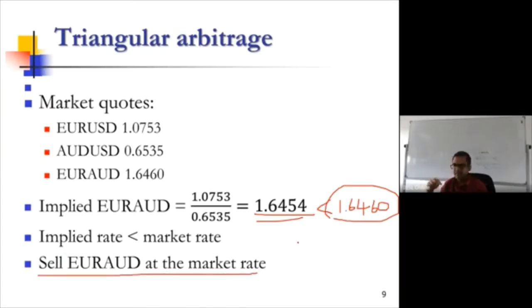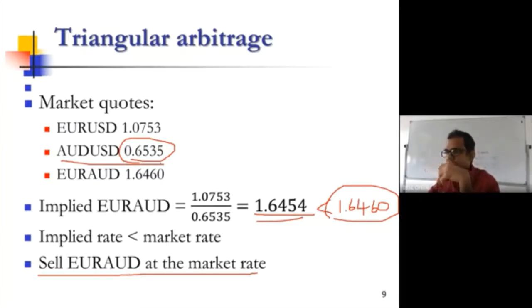Then try to buy back that sold euro amount through a different market. What is the other market that is available? You can go to a bank and ask for a quote for AUD USD. So this should be the quote, because that's the market. Then you can buy dollars paying AUD, because when you sell euro AUD, you get some Australian dollar amount.